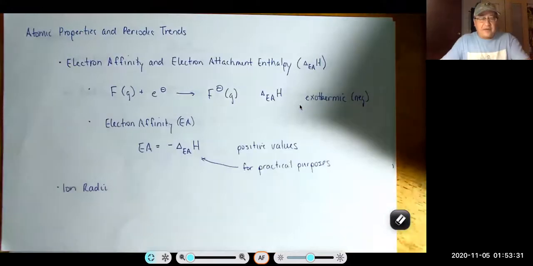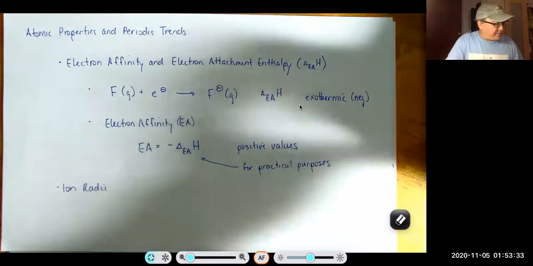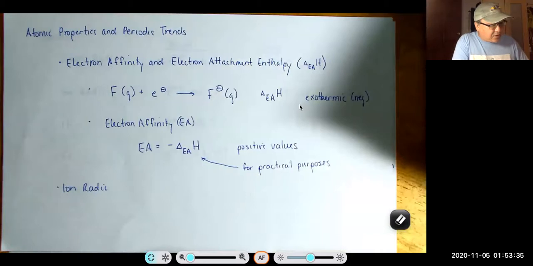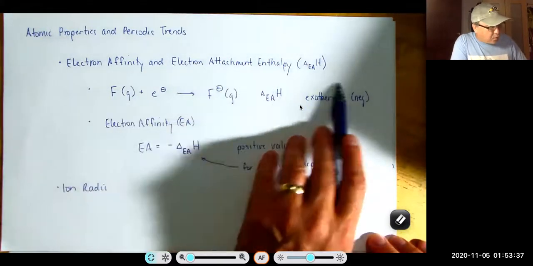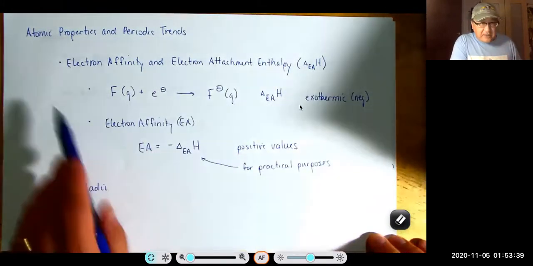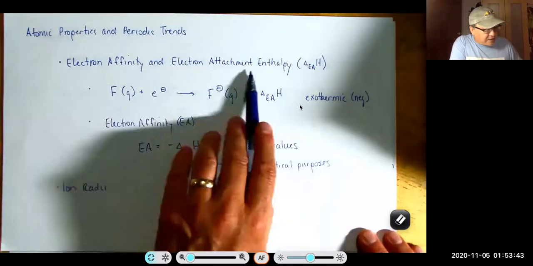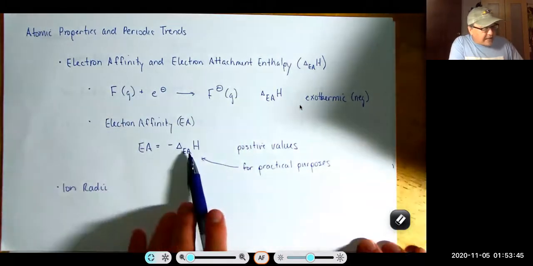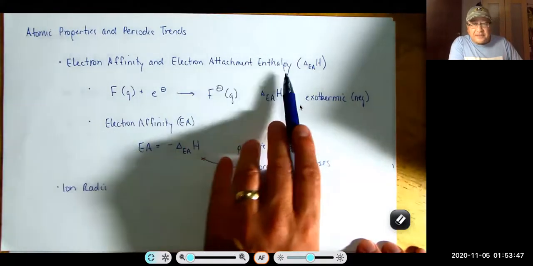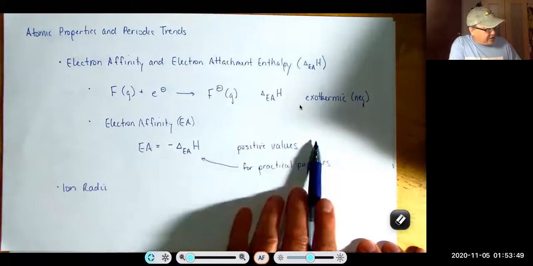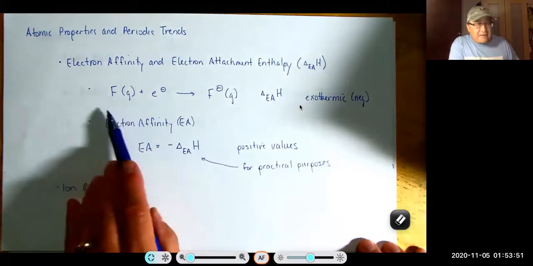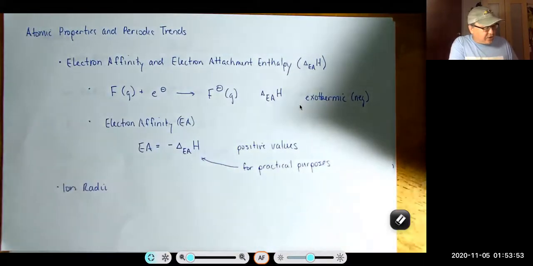The other two periodic trends we're going to look at are electron affinity and electron attachment enthalpy. This is really one trend. These two are opposites of one another. So let's look at electron attachment enthalpy, this delta EAH. This is the amount of energy change when you gain a gaseous electron.